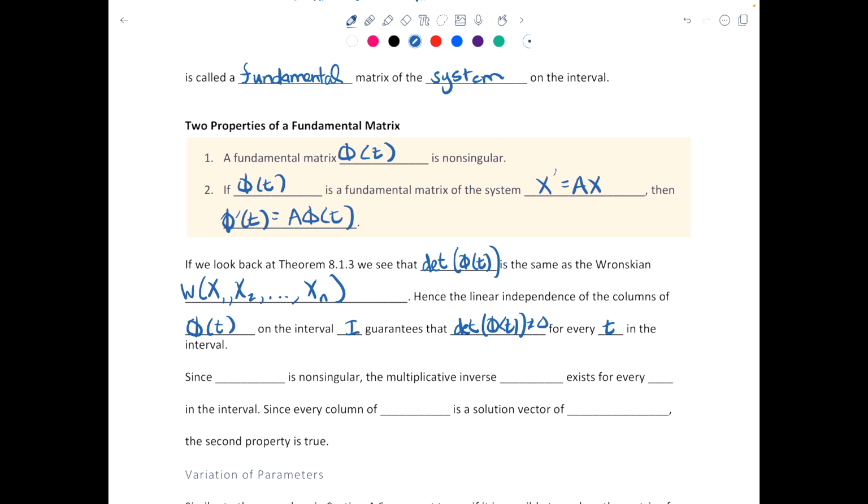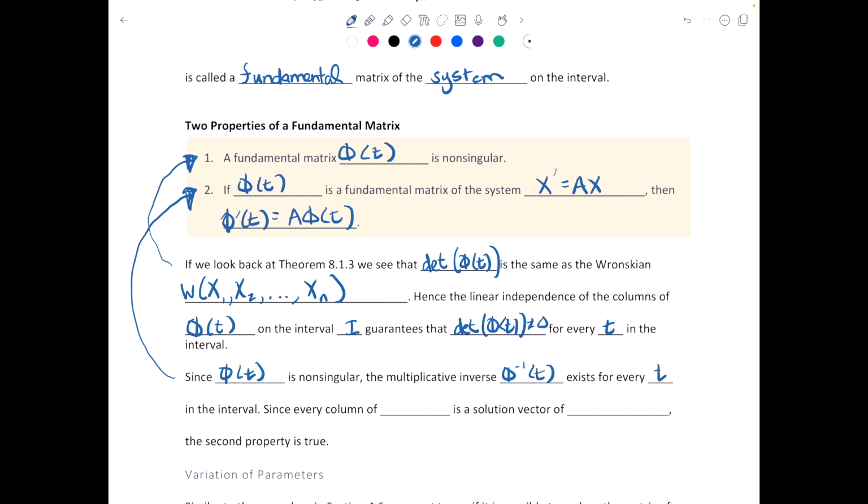So this is the rationale for this first property. This second part is the rationale for the second property. So since phi at t is non-singular, the multiplicative inverse phi inverse at t exists for every t in the interval.